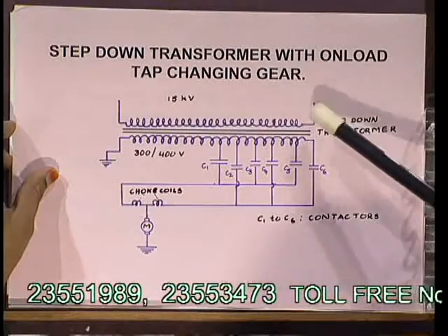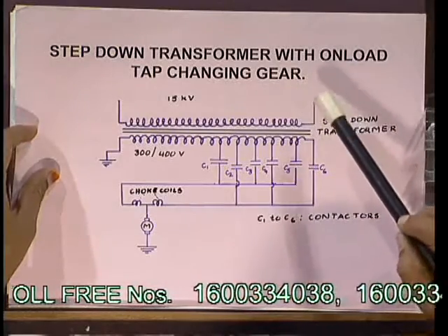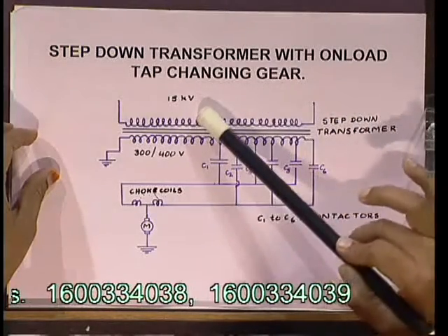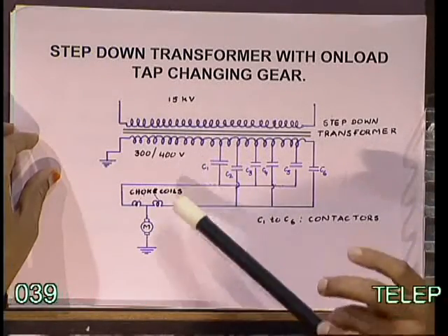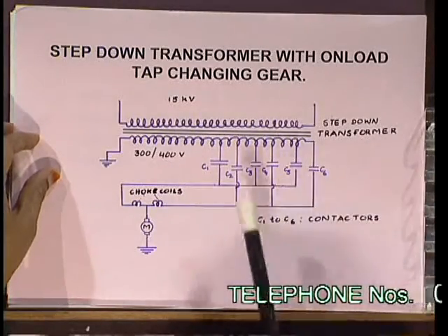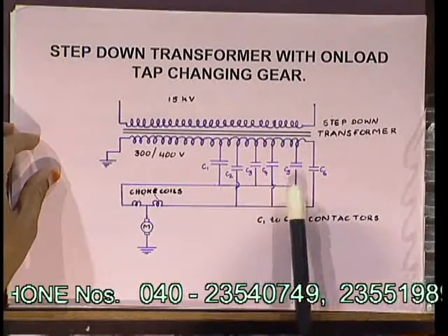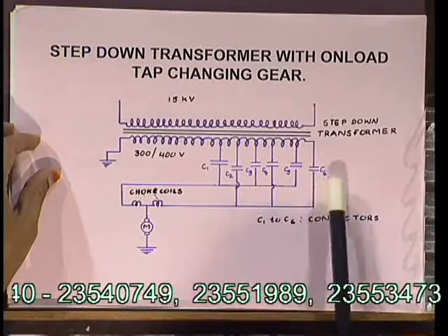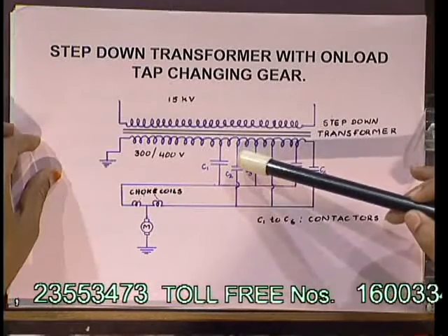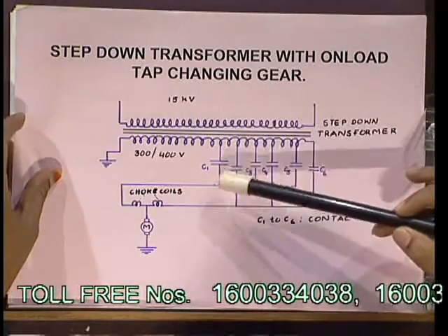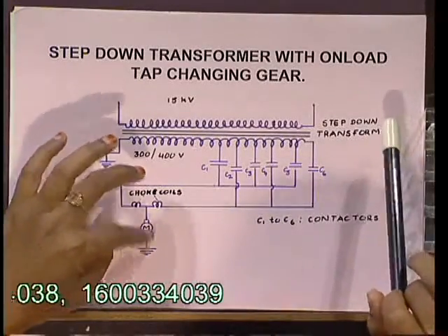Here we have a step down transformer which steps down the incoming 15 kilovolts to 300 to 400 volts in the secondary. We have different contactors C1, C2, C3, C4, C5 and C6. So, by closing any two contactors, the voltage can be set up in the motor.